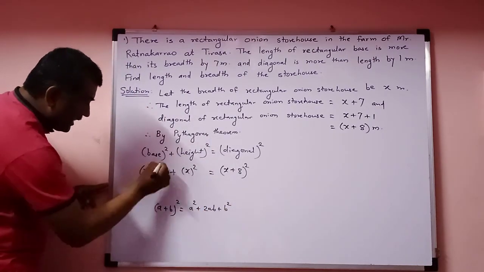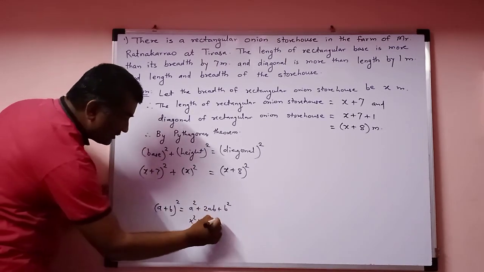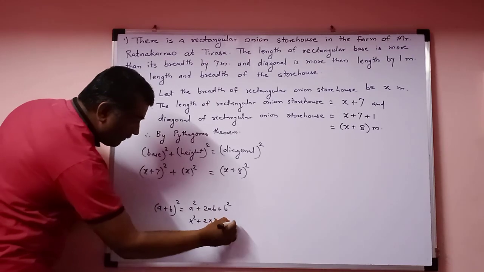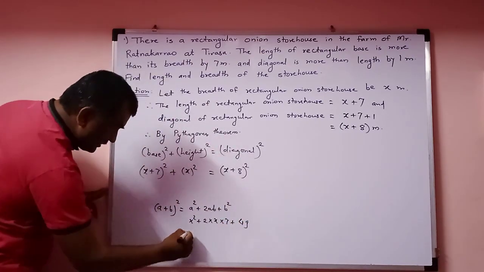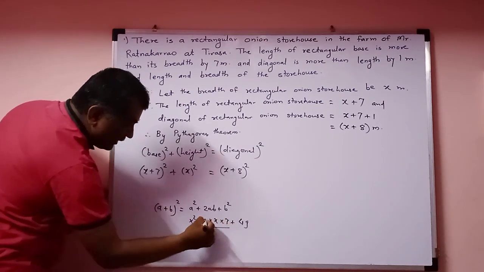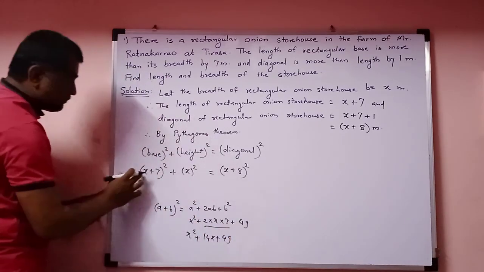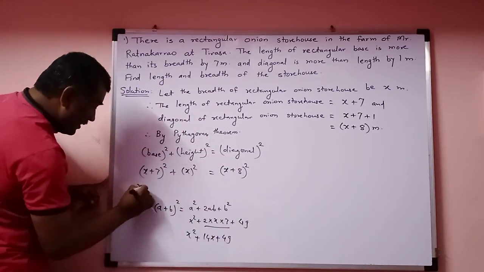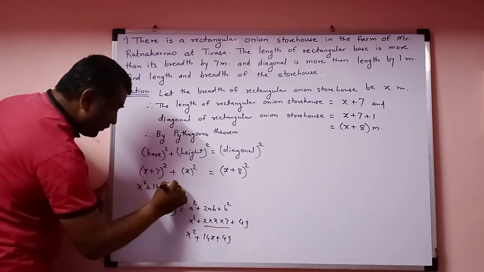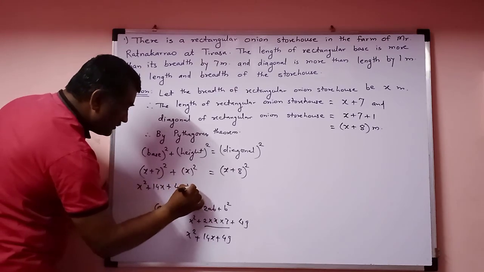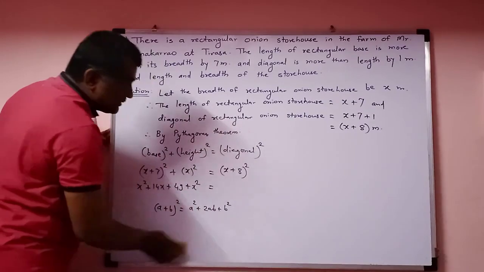A square means x square plus 2 into value of a x into value of b 7 plus b square means 7 square 49. x square plus 7 2s are 14x plus 49. (x plus 7) whole square is equal to x square plus 14x plus 49 plus x square is equal to (x plus 8) whole square.